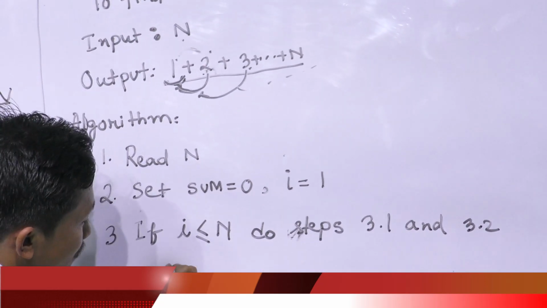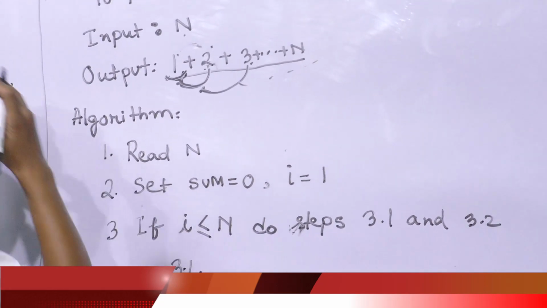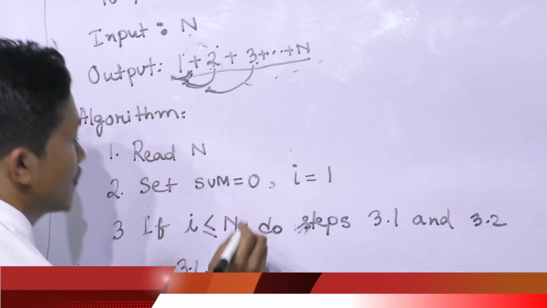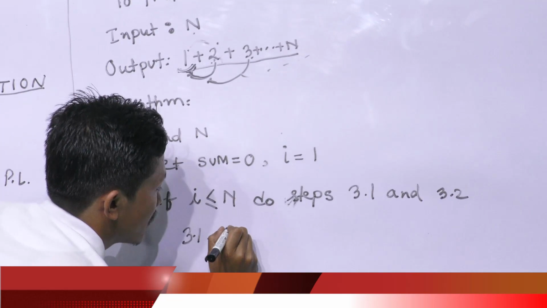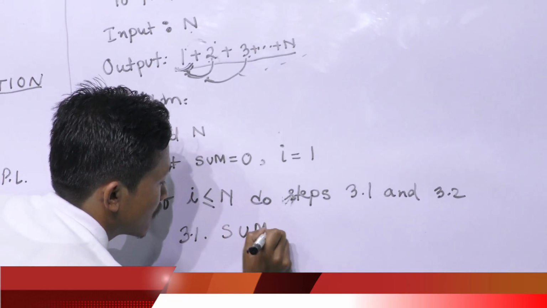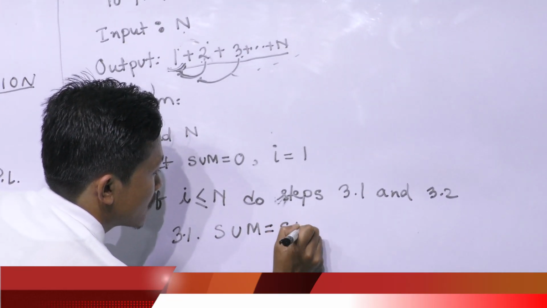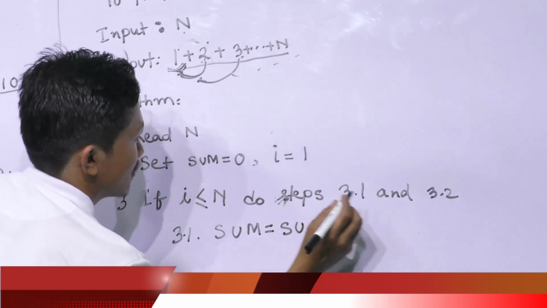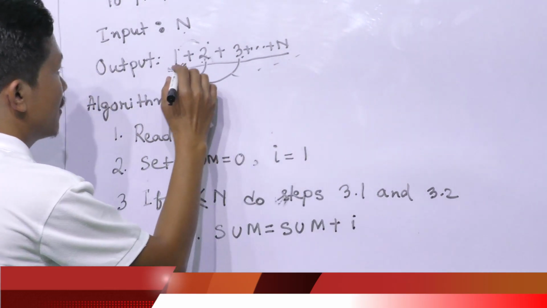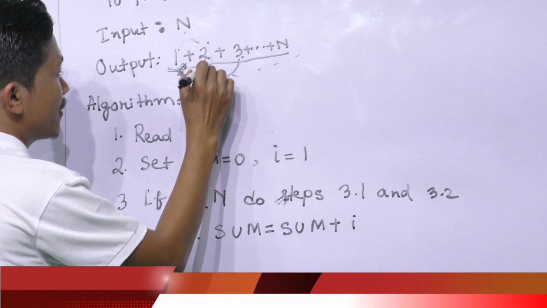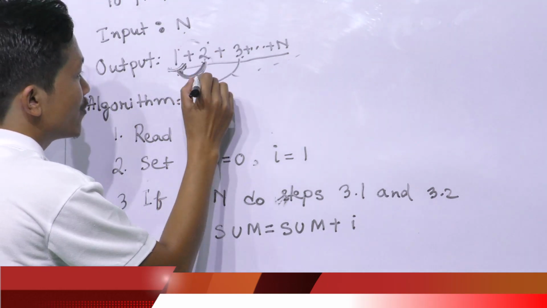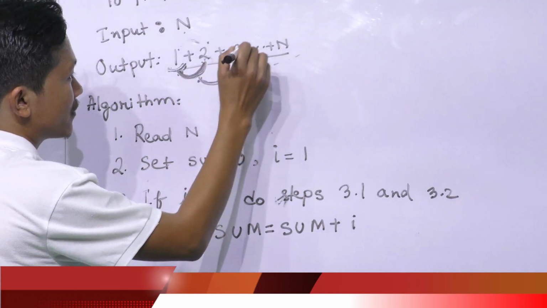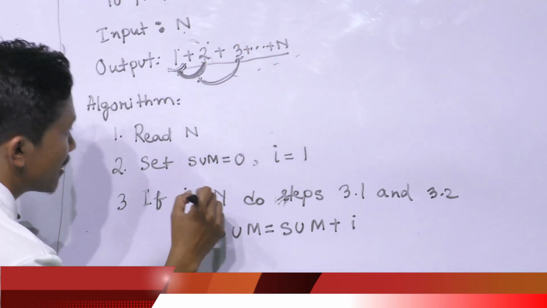In step 3.1 we have to update the sum: sum is equal to sum plus I. After this addition has been performed, we have to move to the next consecutive number, so we increase I by 1.